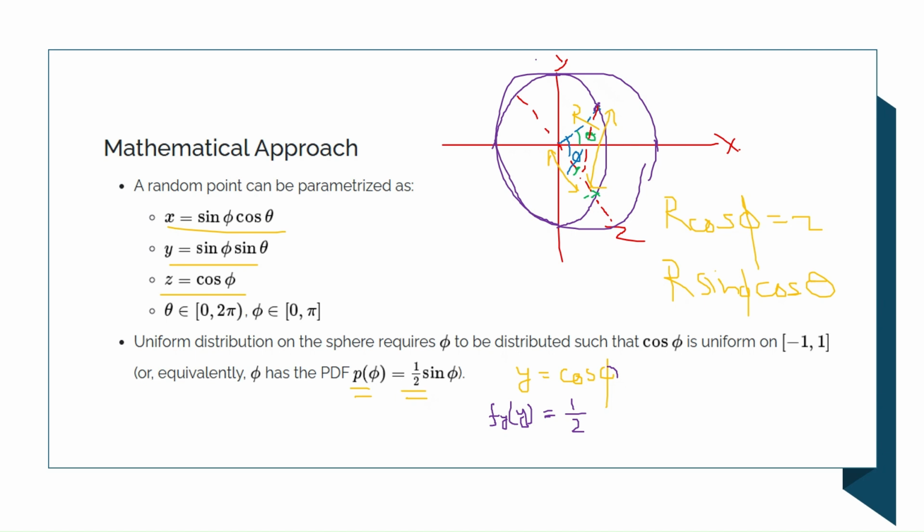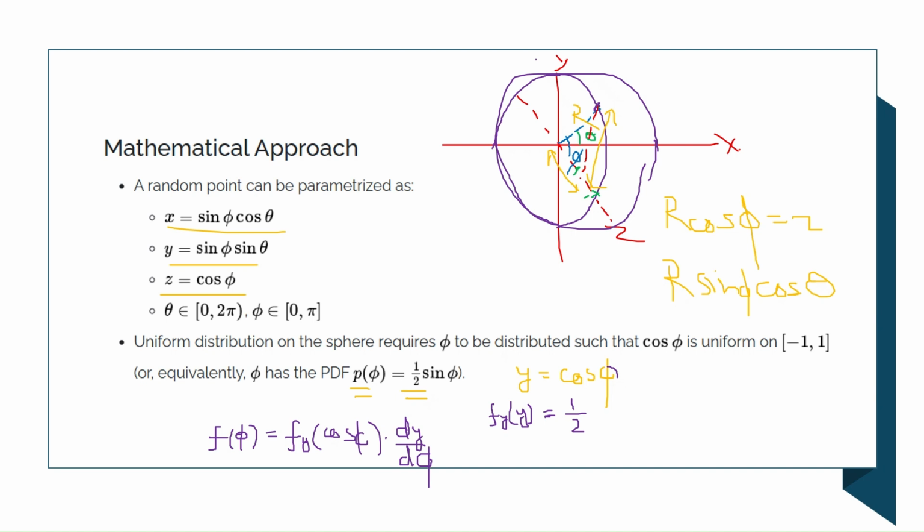Now, what we want is f of phi. So f of phi, we will write f of y. We'll first express y in terms of phi, so this becomes cos phi, times dy by d phi.